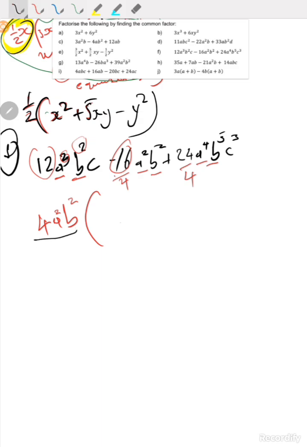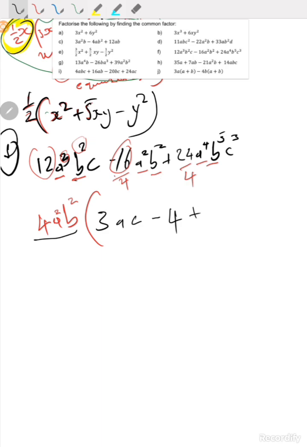Therefore, we are going to have 3a c, because this has to be out. Therefore, we have about 4 only, because it is squared, right?